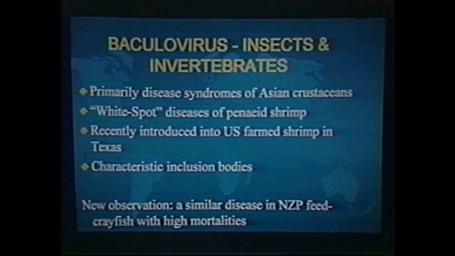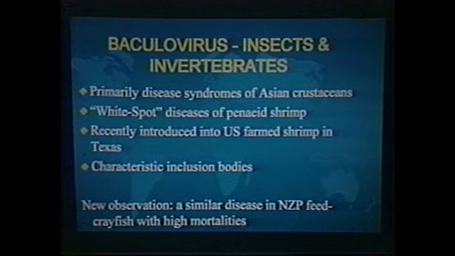The baculovirus traditionally has been recognized as a virus of insects mainly, and more recently there have been virus strains, mainly from Asia, that have been infectious for the Penaeid shrimp, a baculovirus causing a white spot disease.